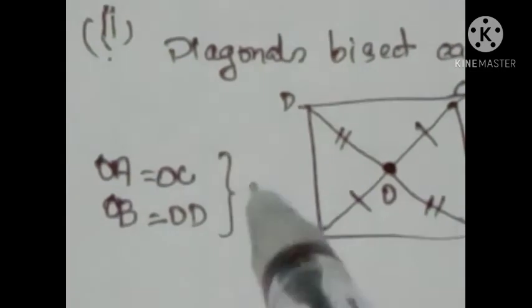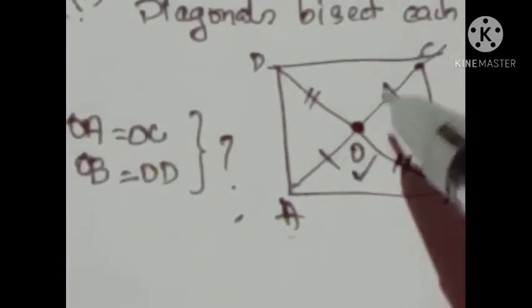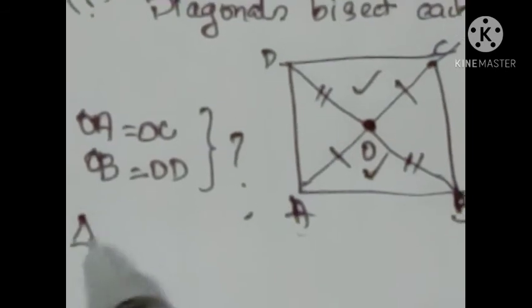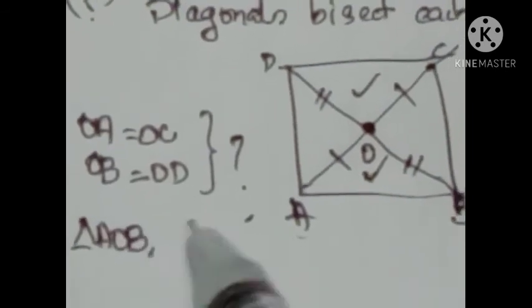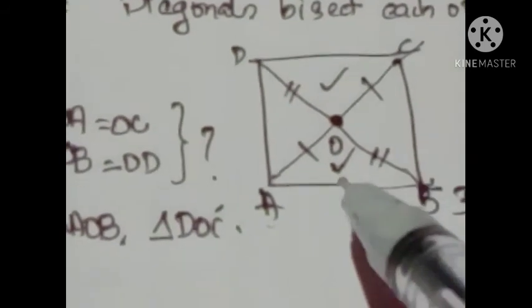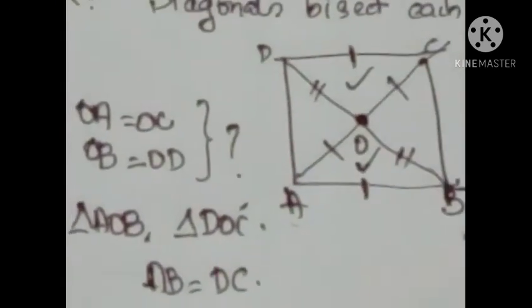That we need to prove. So for this, let us consider these two opposite triangles, AOB and DOC. Now listen, in these two triangles, AB side and DC side are equal because opposite sides, AB equal to DC, or sides of a square.